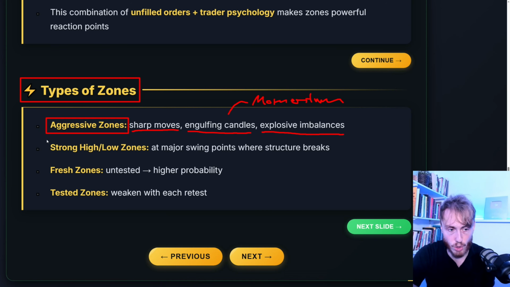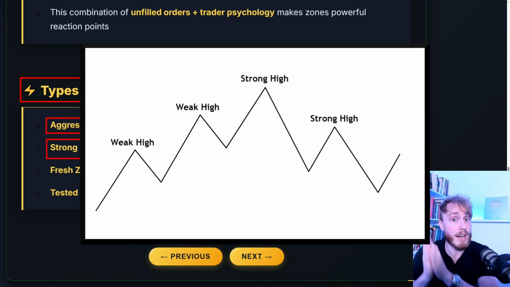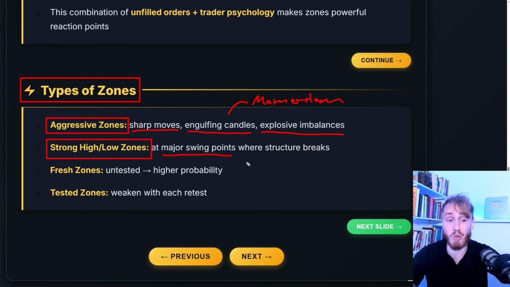The other zone you need to learn about is something called strong high/low zones. And these are zones that are specifically created at major swing points in the market. And don't worry, very soon I will show you guys how to identify these strong highs and lows, because these are the points in the market where we find the strong highs and lows zones.